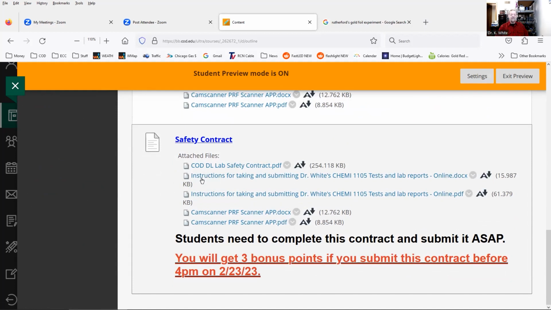If you don't have a scanner, I have instructions how to use a cell phone to make a PDF file. I also have here this app, a faculty member taught me about this CamScanner, and it works quite well. I'd highly recommend you use only the free one. Don't pay money for it. You don't need all the bells and whistles.